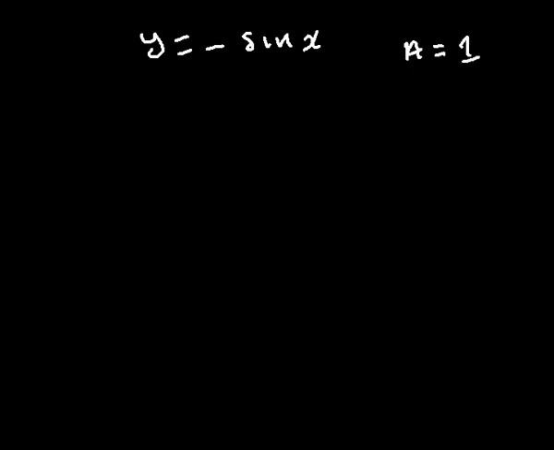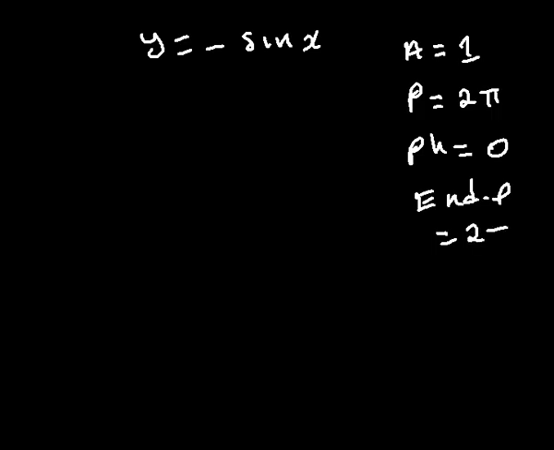The period is given as 2 pi, according to the principles. The phase shift is 0. And the ending point will be given as 2 pi. So if you follow the steps, you also have it the same way.